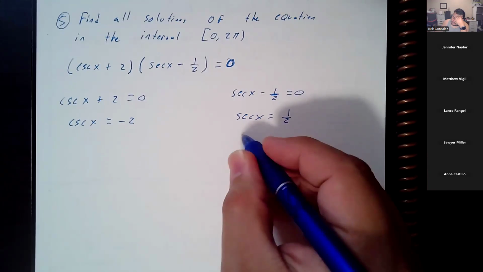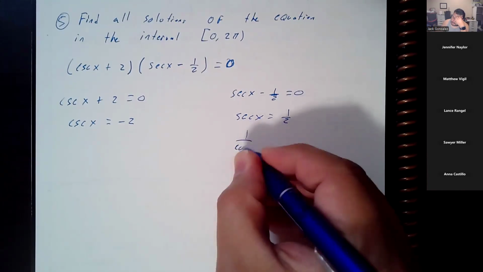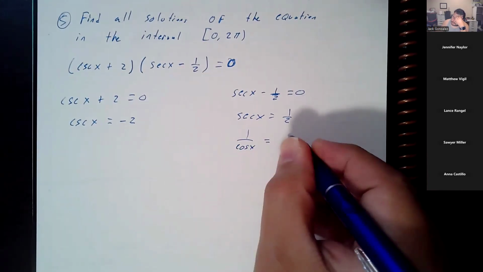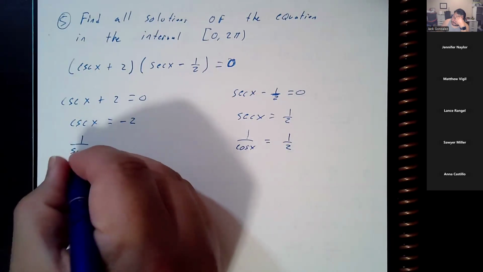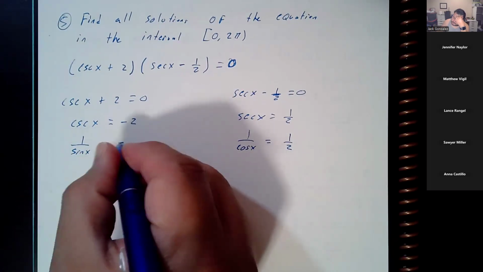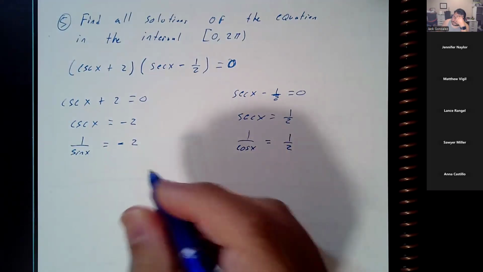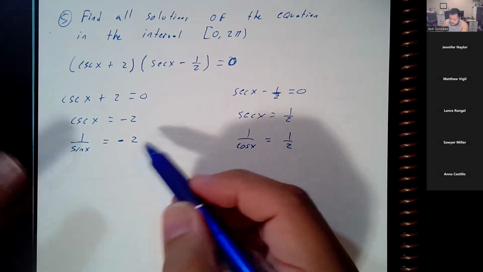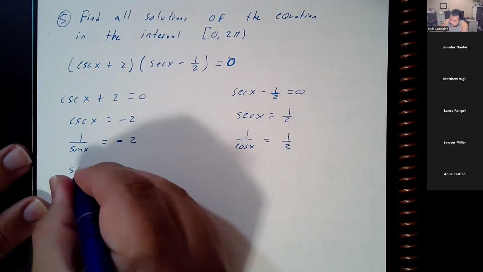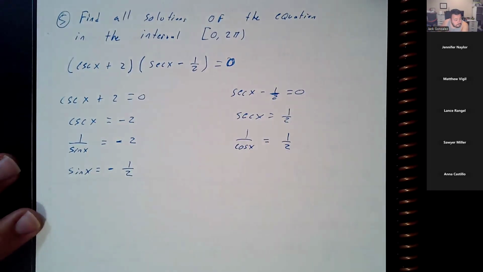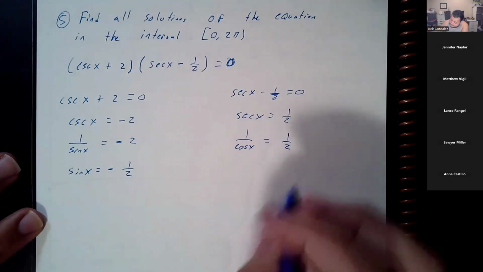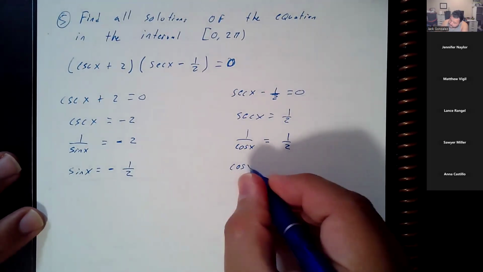Yeah, technically this, right? And this one would be. Now, if I were to take the reciprocal of both sides, which I can, do you see an issue?